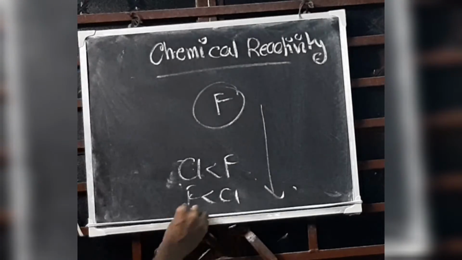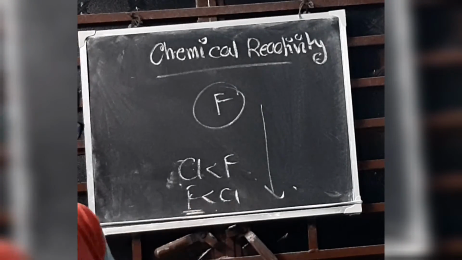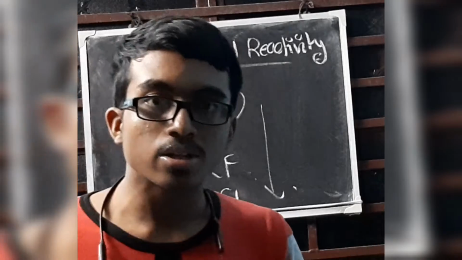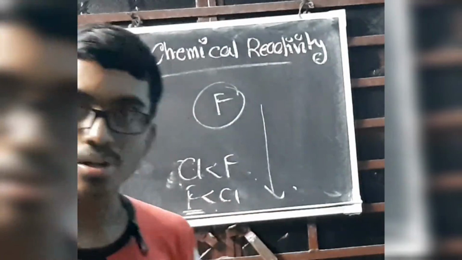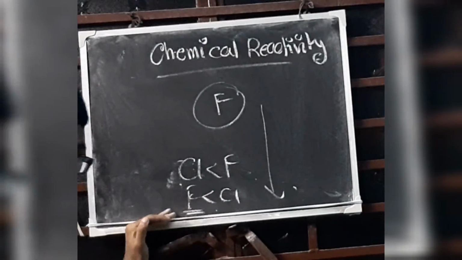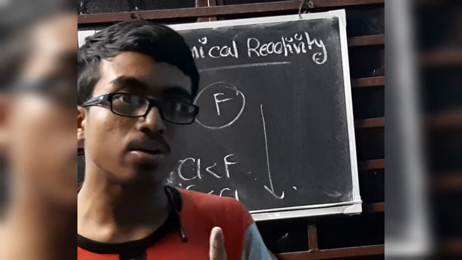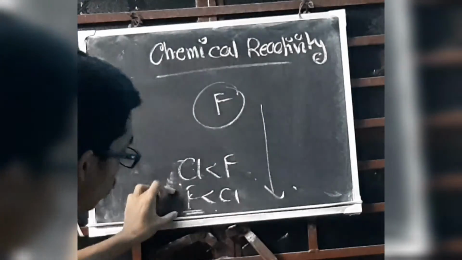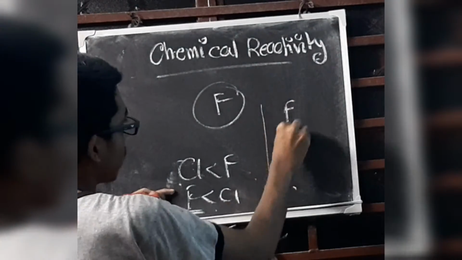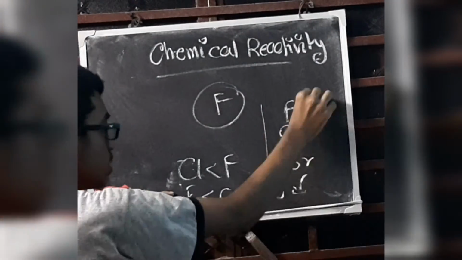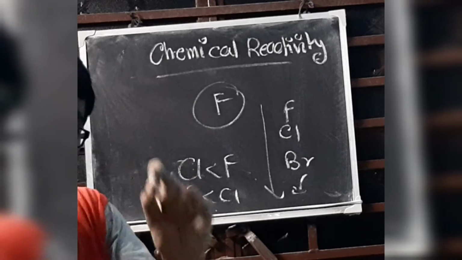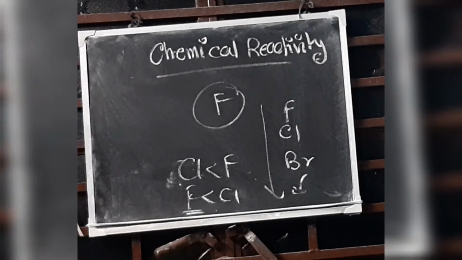Basically, the electron affinity of fluorine is less than that of chlorine. So it can easily gain an electron, and if it can easily gain an electron, then it is more reactive chemically. So fluorine is the most reactive. Fluorine, then chlorine, bromine, iodine, whatever, it is decreasing down the group. This is only for non-metals. For metals, it is not the case.